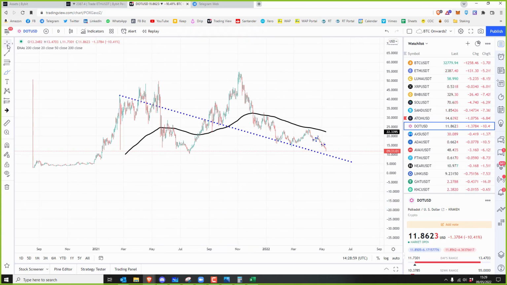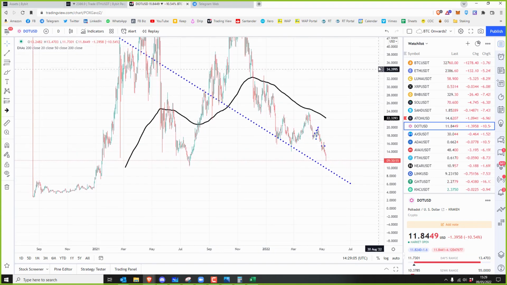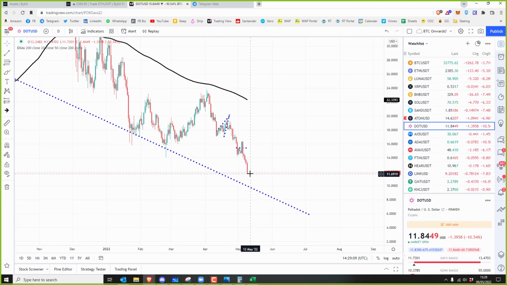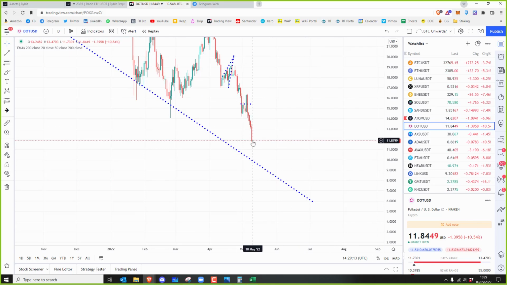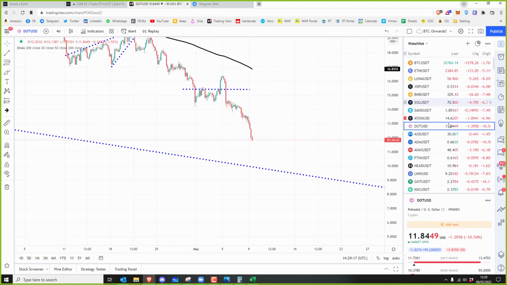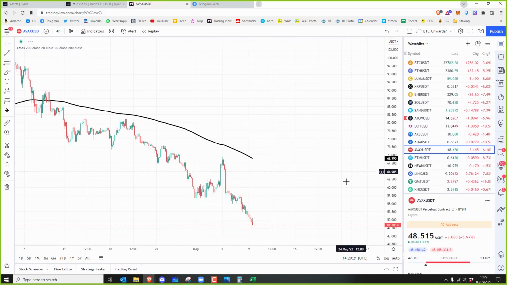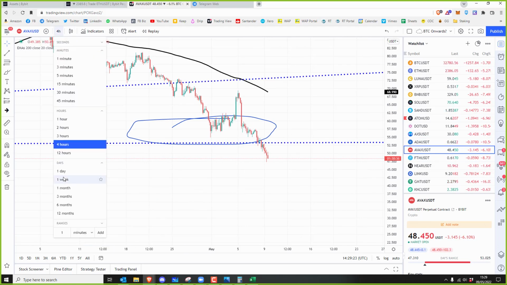So DOT is definitely following this support level, and therefore we've probably got until $10. However, looking at this on the daily chart, it's already fallen away quite a lot, like with a lot of them. So shorting at these levels, I think you're in for a bit of trouble potentially.